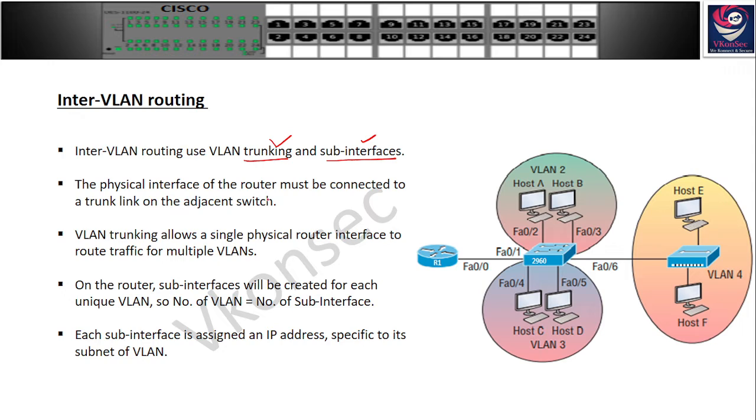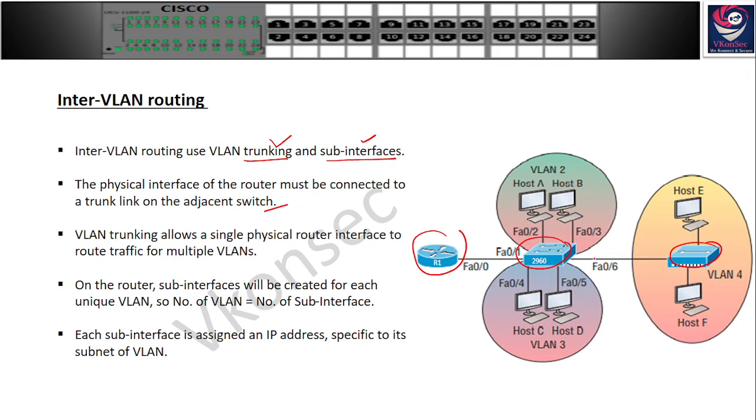The physical interface of the router must be connected to a trunk link on the adjacent switch. What do I mean by it? In the diagram you can see one router, one L2 switch, and one hub at this point, and three VLANs.